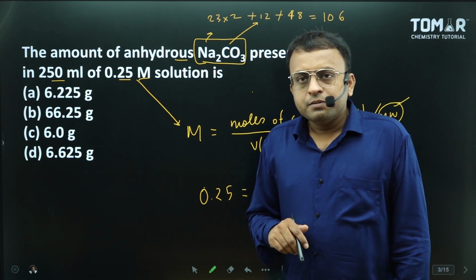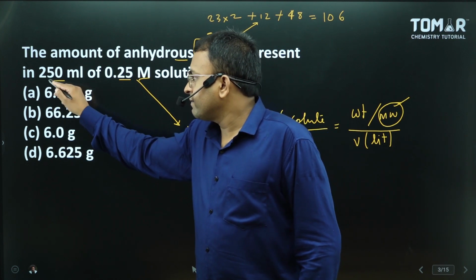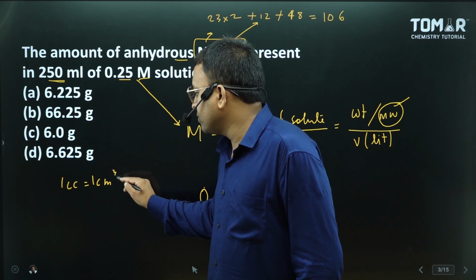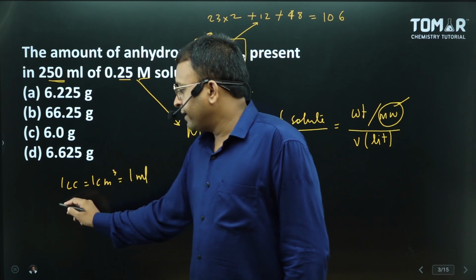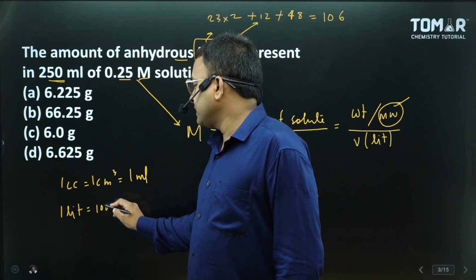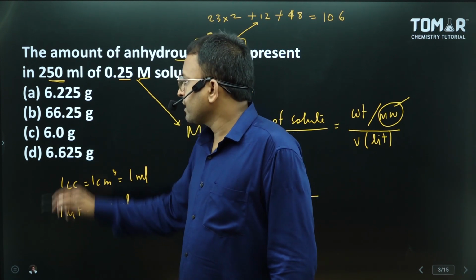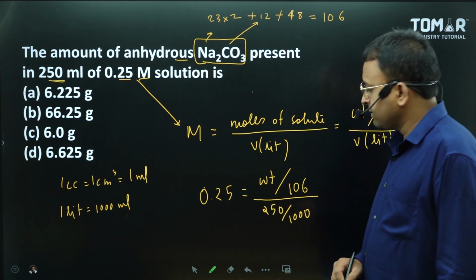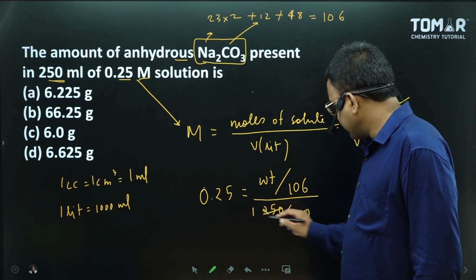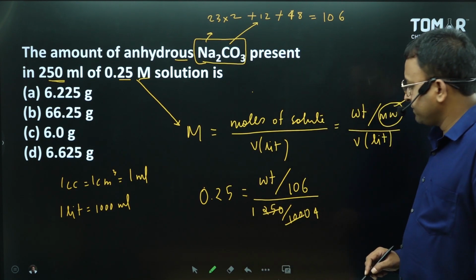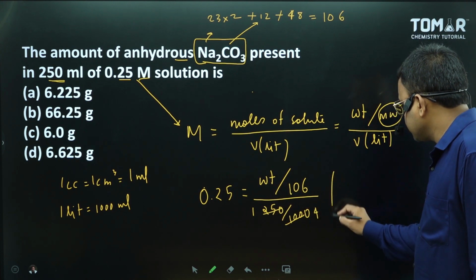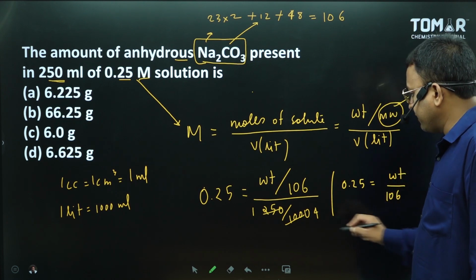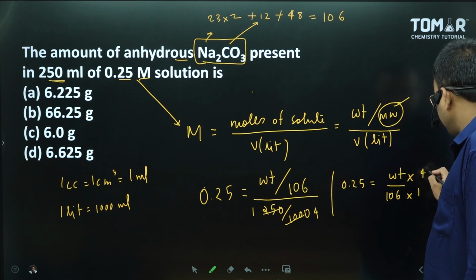We have to put the volume in liter, but here the volume is in ml. 1 cc, 1 centimeter cube, is equal to 1 ml, and 1 liter is 1000 ml. Now the volume is 250 upon 1000, that is 1 by 4. So 0.25 equals weight divided by molecular weight into 1 by 4.